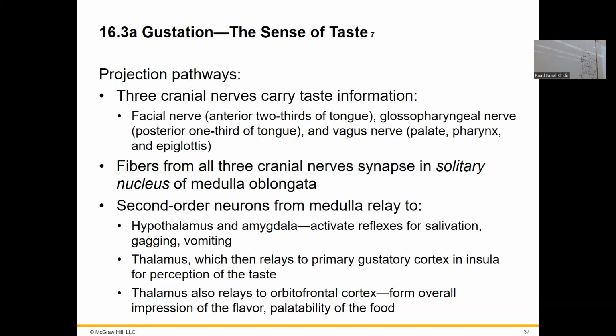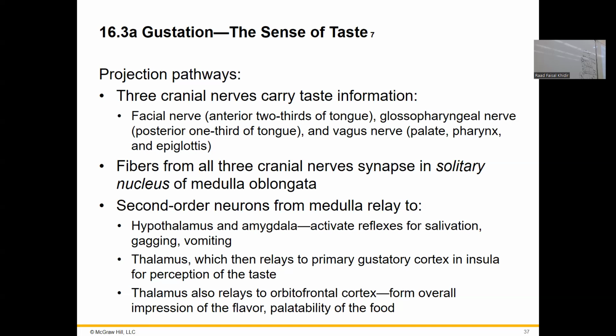Those are projection pathways. Glossopharyngeal will take the posterior one-third and send it to the brain. And if there's any food scattered in the roof of the palate, the pharynx and the epiglottis, the vagus nerve is there, and it's going to take everything and send it to the brain. So fibers from all these nerves are going to synapse in the solitary nucleus of the medulla.